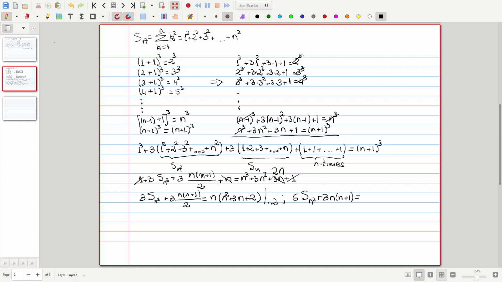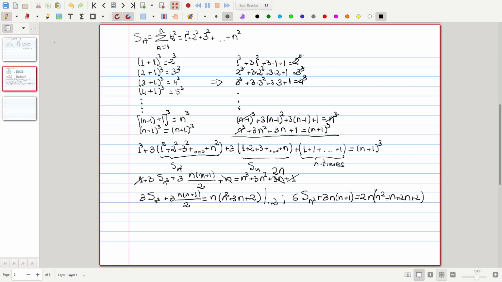equal to 2n, and here I will do some calculations. It's n squared plus n plus 2n plus 2.